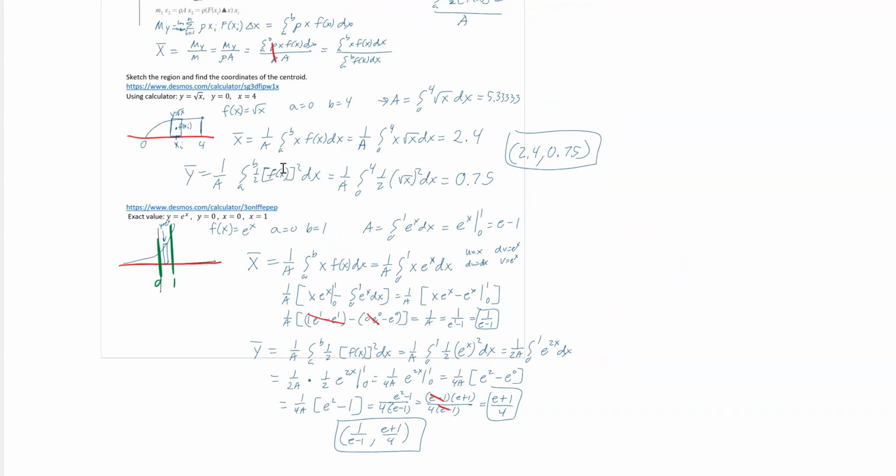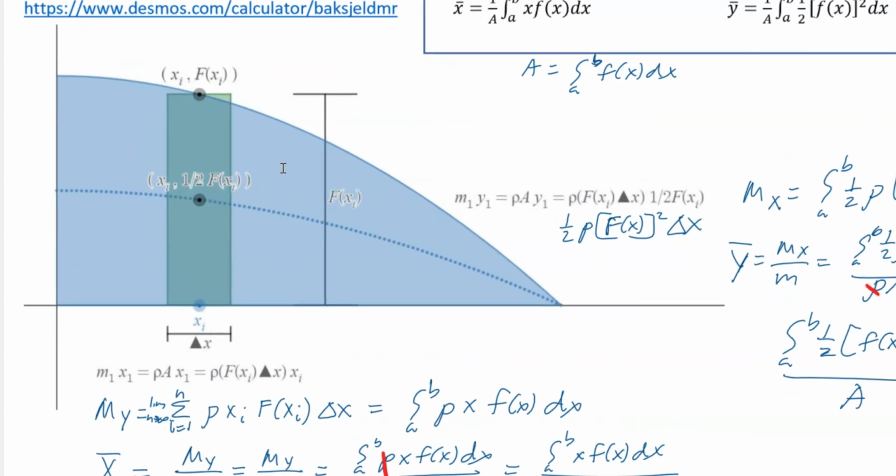So again, just to go over these, all you're doing on every single one is using an integral to plug in every situation that happens here, where you're taking your x sub 1, all those centroids are those rectangles. You're taking your x sub 1 and multiplying it by the area, which is our mass. In this situation, you can just ignore the rho because it's going to cancel with the area.